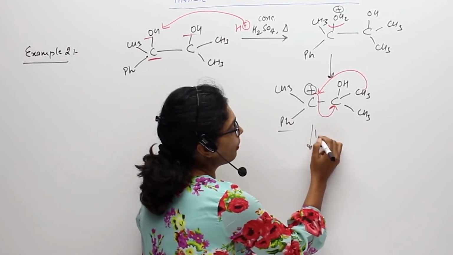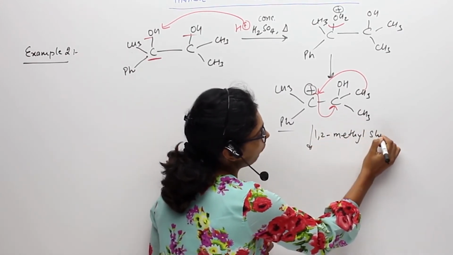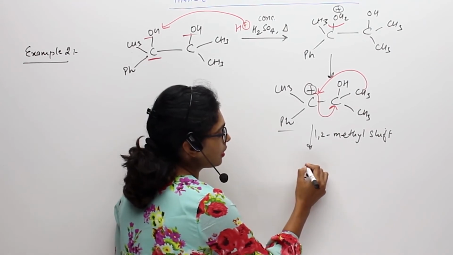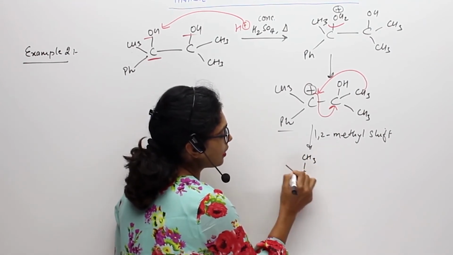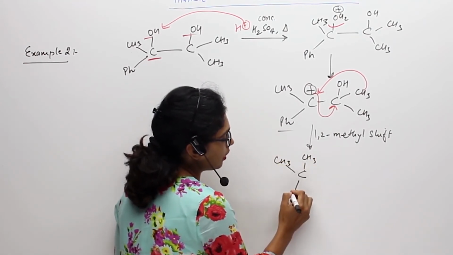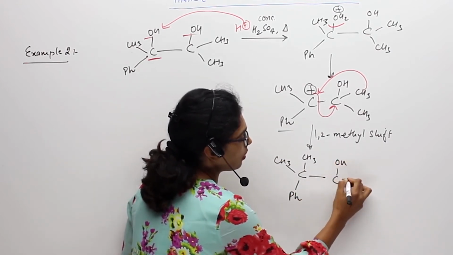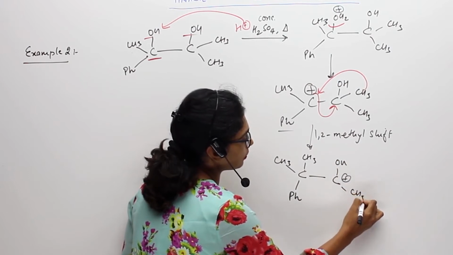So it is a 1,2 methyl shift that will take place. So this will become CH3, CH3, benzene, OH plus and CH3.